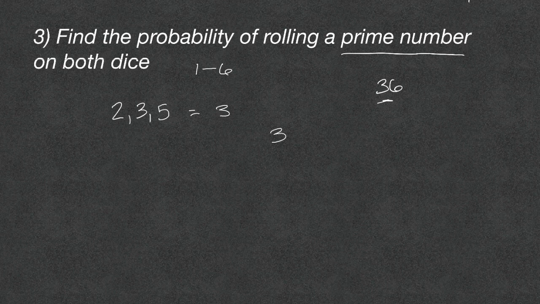We have 3 prime numbers out of 6 total sides, right? We can reduce that to 1/2. Now, because we have two dice, we want to multiply 1 die by 1 die. And that gives you 1/4 and you're done.